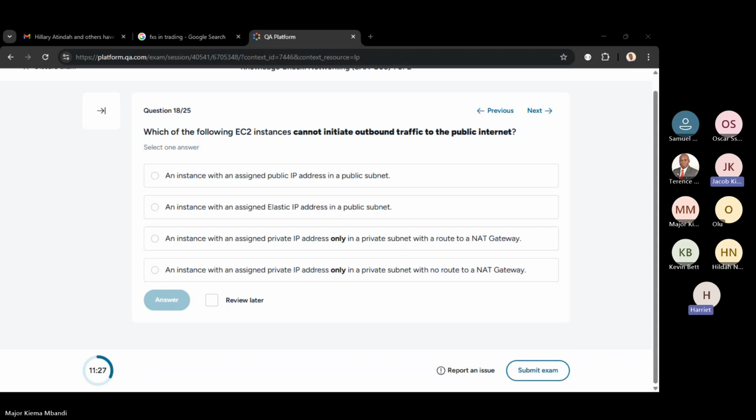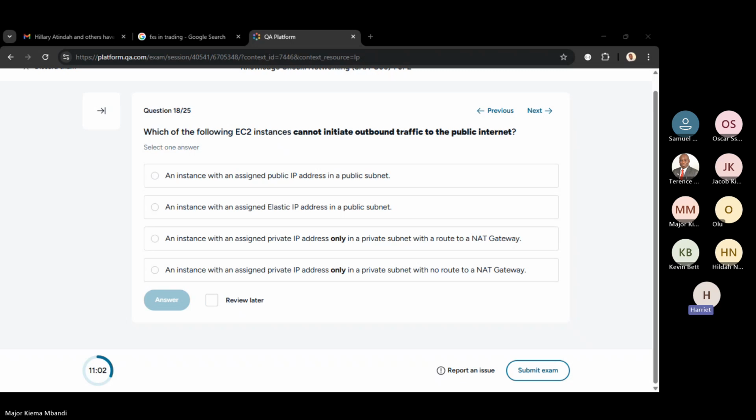Yes. Yeah, let me read this one for now. It says, which of the following EC2 instances cannot initiate outbound traffic to the public internet? Select one answer. A. An instance with an unassigned public IP address in a public subnet.